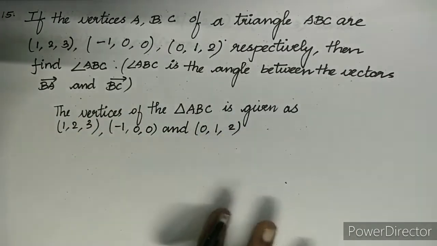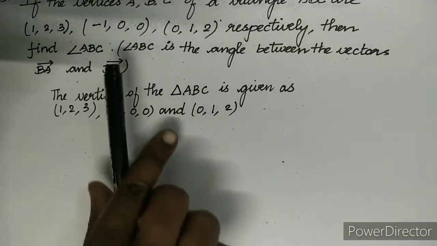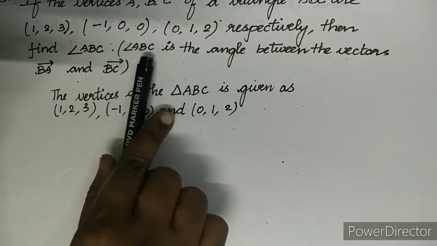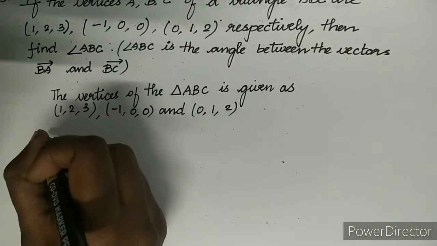These are the three vertices of the triangle given in the question, and also we are given with the angle ABC, which is between the vectors BA vector and BC vector.